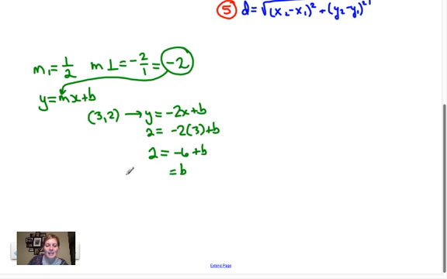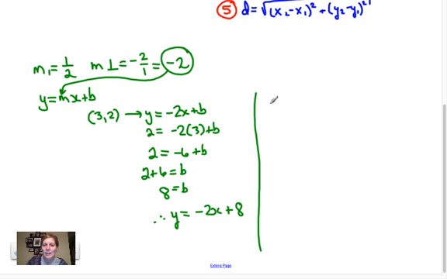We're going to add 6 to both sides, so b is 2 plus 6, so of course b turns out to be 8. So therefore, the equation of that red line was y is equal to negative 2x plus 8. So now I have my two equations, and I'm just going to write them over here. I have equation 1 that was given, which was y is equal to 1/2 x minus 4.